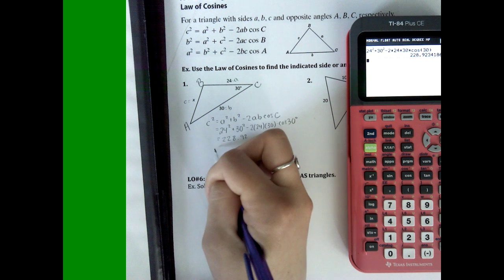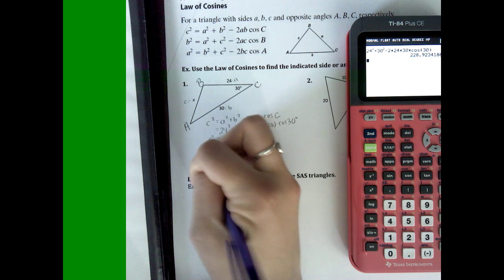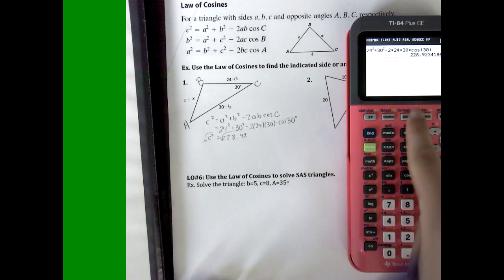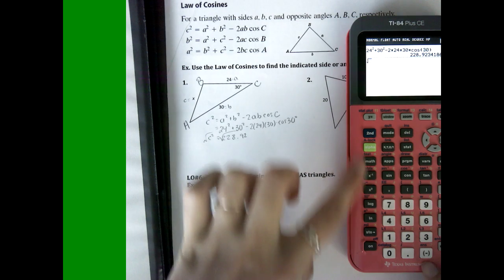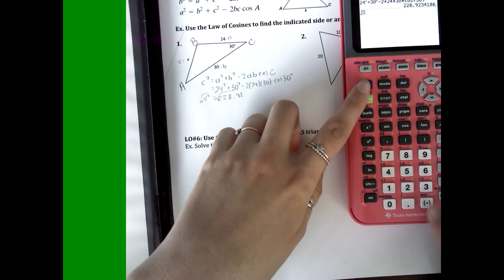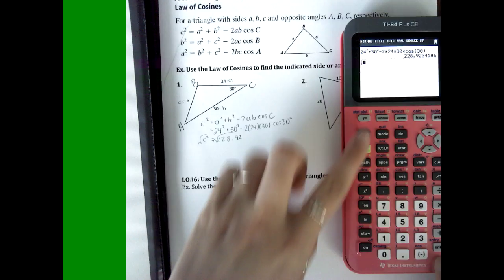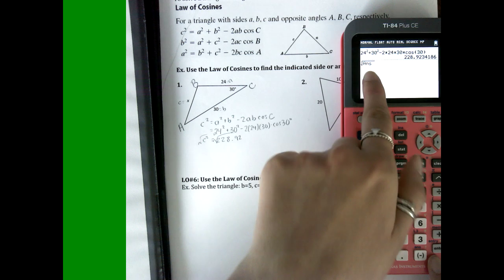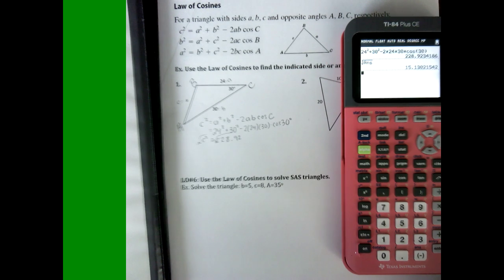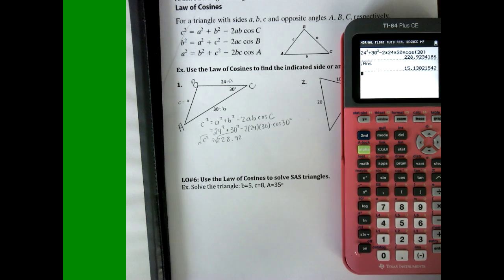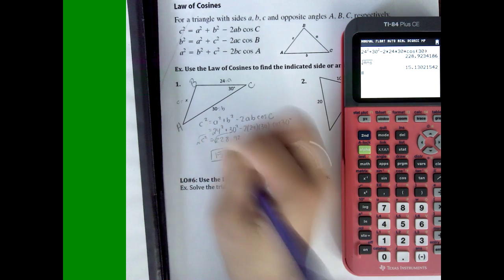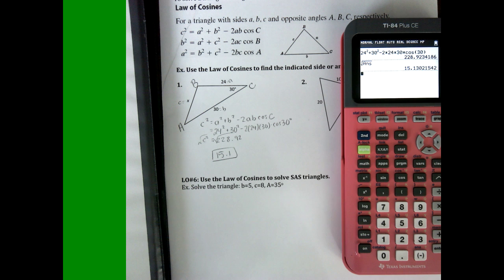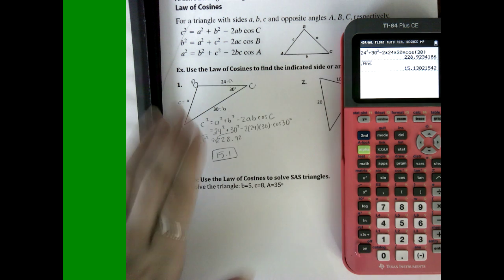But we still need to take the square root of that. To avoid over rounding, just do the square root and then press second and then the answer button, and it will use your previous answer in there. Hit enter, and I'm getting approximately 15.1. And that's that. That's how we use law of cosines to find a side.